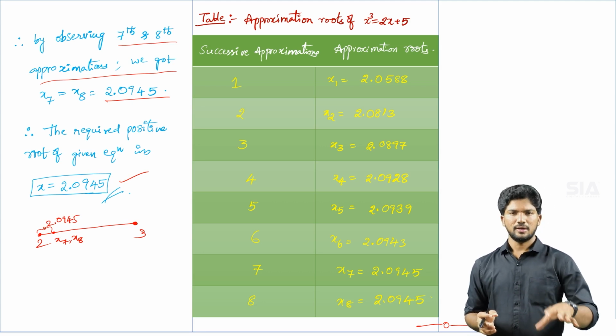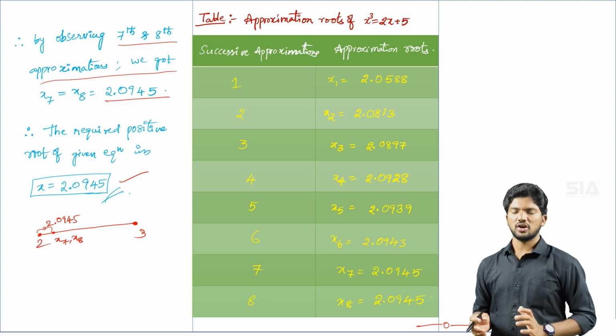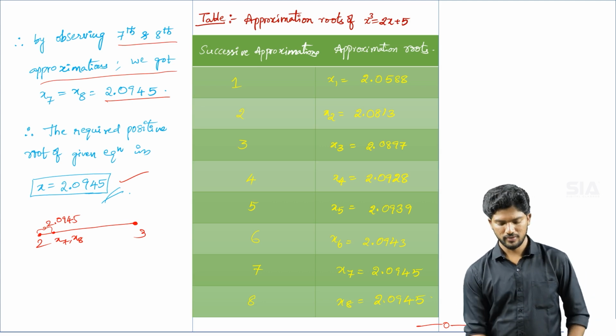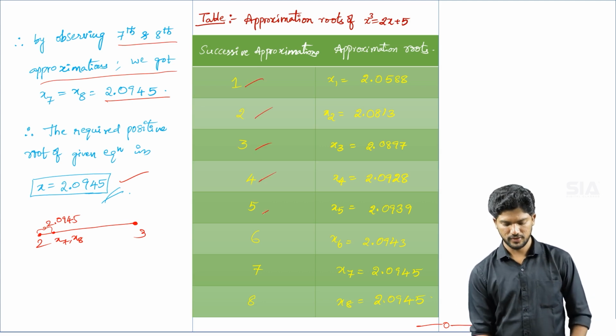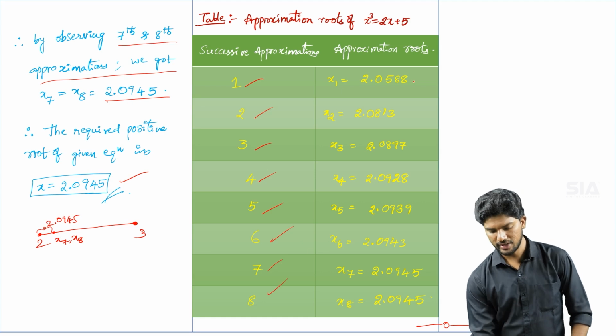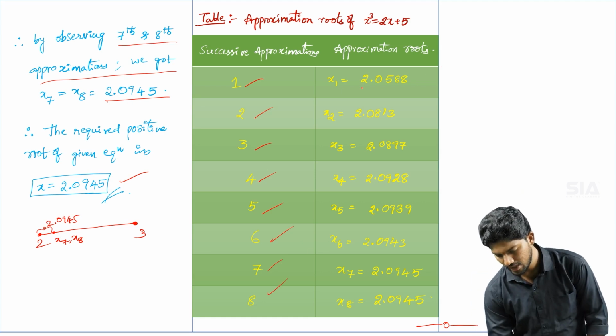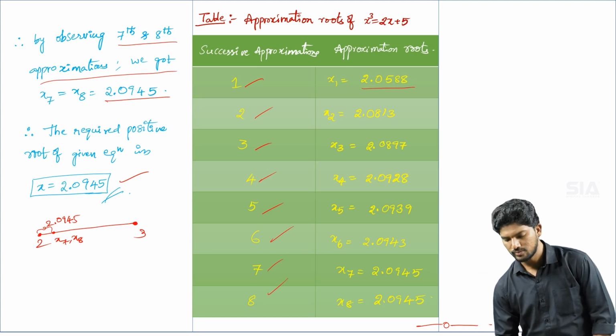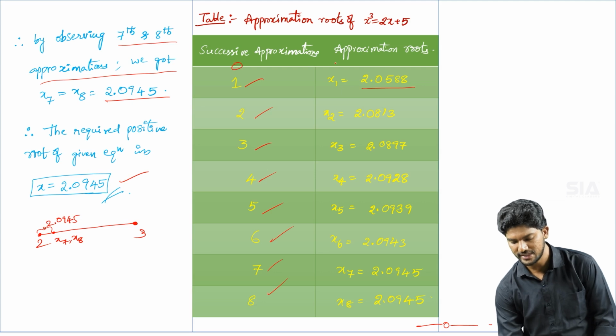So therefore, by all these 8 approximations, if you make a table, first, second, third, fourth, fifth, sixth, seventh, eighth, you can write the values. If you observe carefully, the initial 0th approximation is x naught, you can take 2 for example.